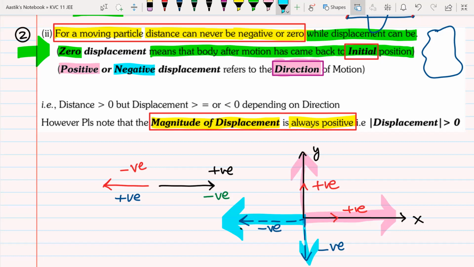Who will tell me what is meant by positive displacement and negative displacement? Tell me.